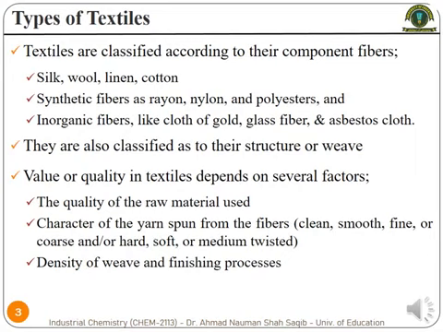Also we have to see whether the twisting is hard, soft or medium. So that determines the quality of the final textile product. Similarly, the density of weaving and finishing processes are important elements in determining the quality of fabrics, and that plays a role in categorizing the textile products based on their quality.